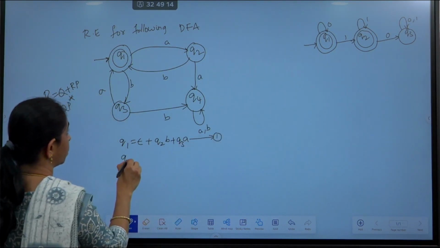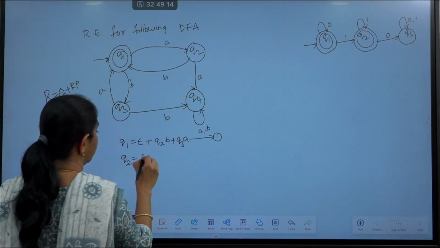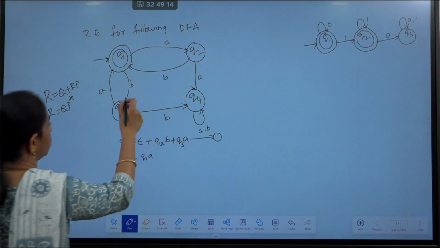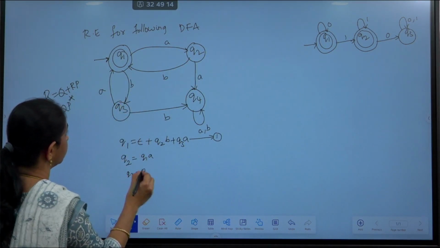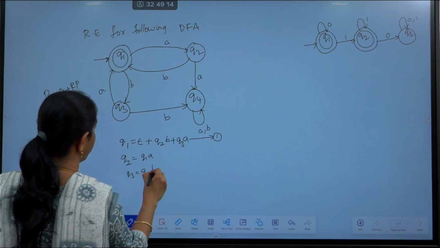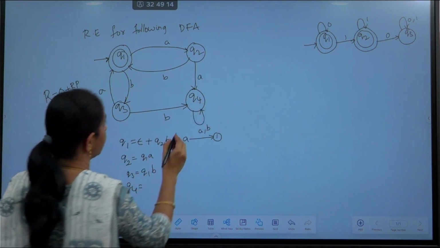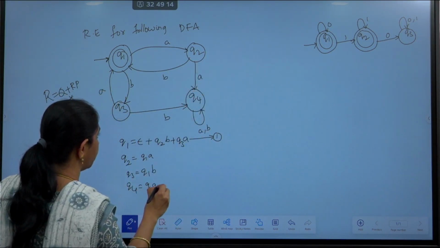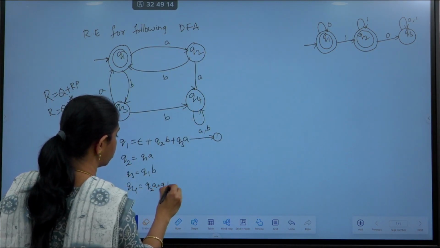Next we will write for Q2. Q2 has an incoming edge only from Q1, that is Q1A. Q3 has an incoming edge only from Q1, that is Q1 and input alphabet B. For Q4 we have incoming edges from Q2, that is Q2A, and from Q3 one more incoming edge on input alphabet B, Q3B.